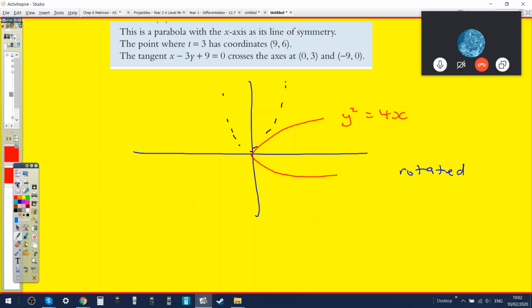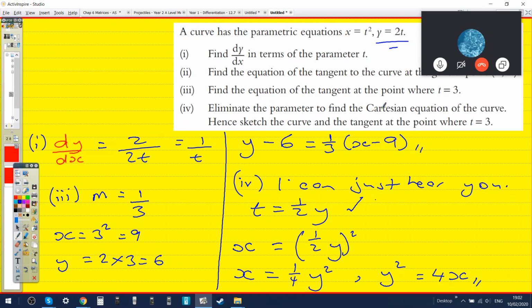Why would it be rotated? It's kind of tricky.